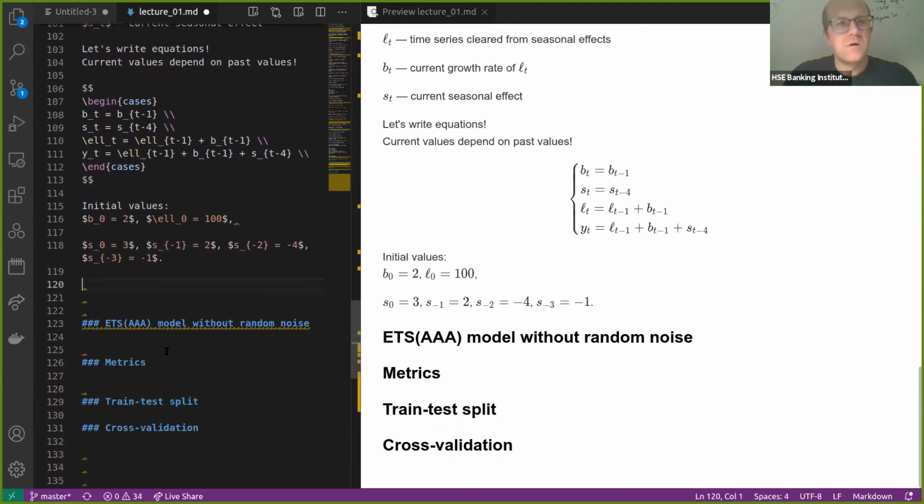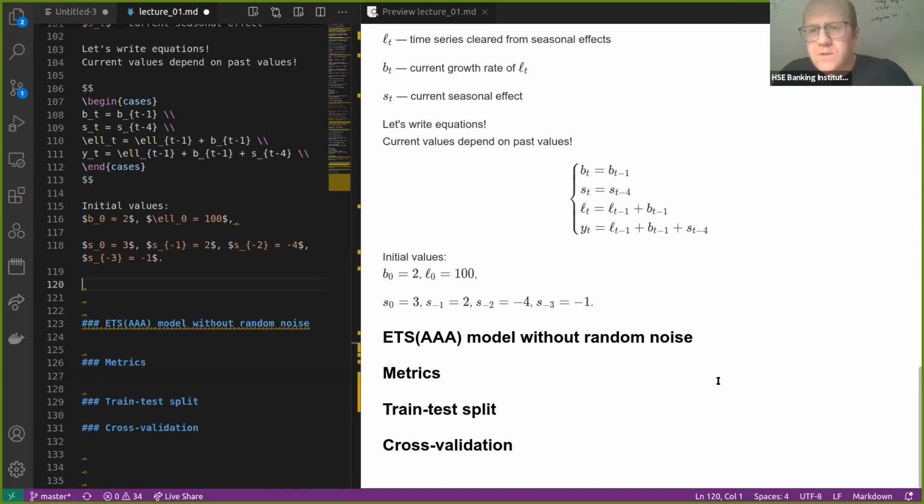And now, once again, we have no noise for the moment, just to better understand what's going on. Let's calculate a few values.